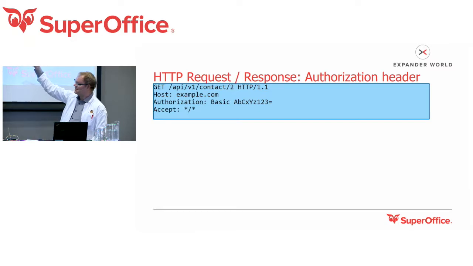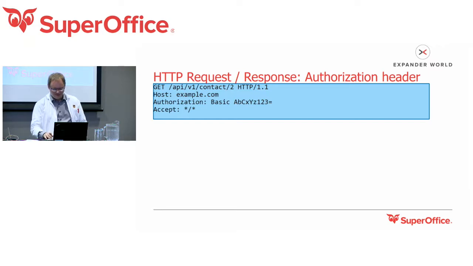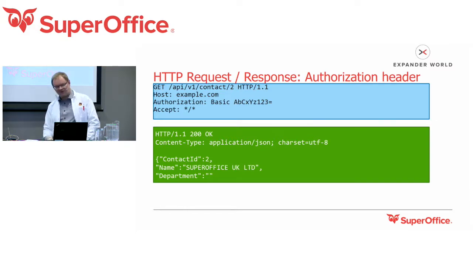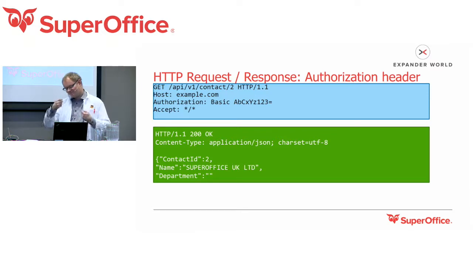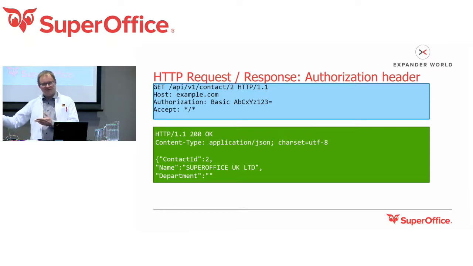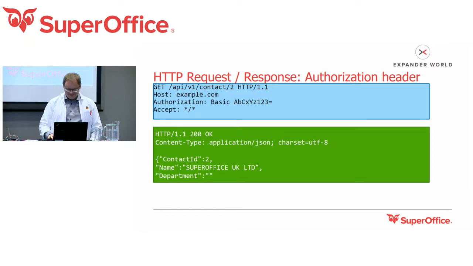In this case, we say basic, and that's the username and password, just base 64 encoded. Then, assuming the password and username are correct, we'll get back OK. What the server has then done is it has done its login and gone to the database, checked that your password is correct, and then read the data and shipped it back to you. So pretty much like every other HTTP API out there, yeah?